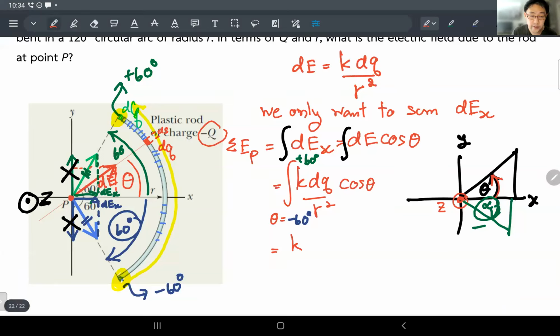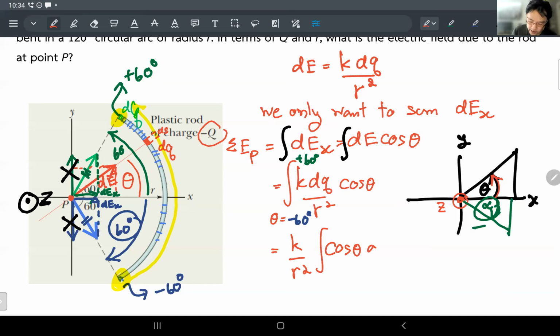What else? Well, the radius R is still constant here, right? Because it's like a rod being bent in a circular arc. So that means R squared can also be put out. Cosine theta cannot, because theta is a variable and keeps changing. You have to keep it inside your integral.